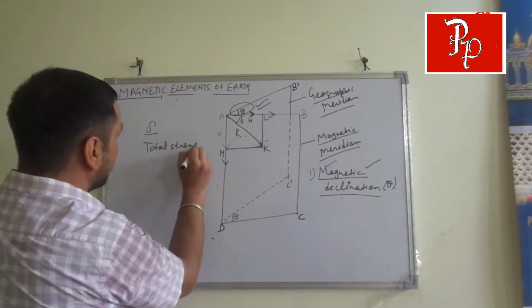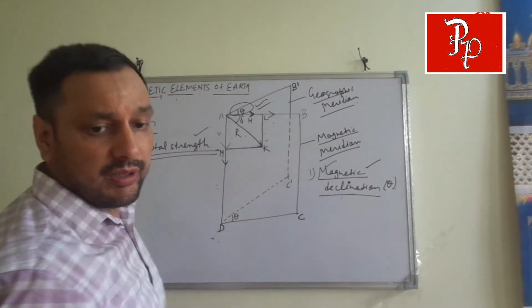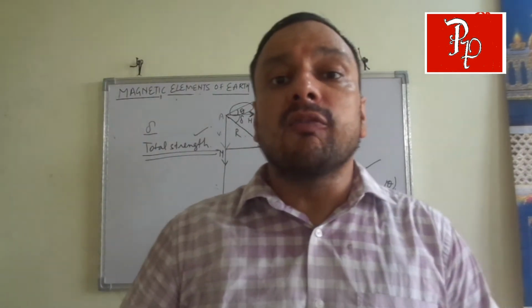जब हम angle of dip की बात करते हैं, then we talk about strength. तो angle of dip basically क्या define करता है? Angle of dip is defined as the angle between the total strength, किसकी strength?